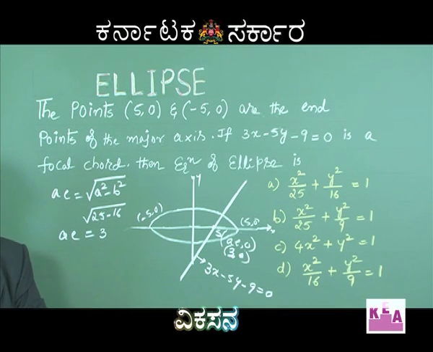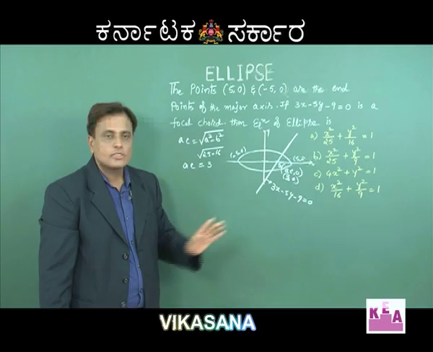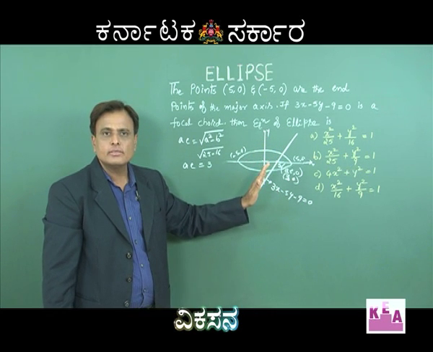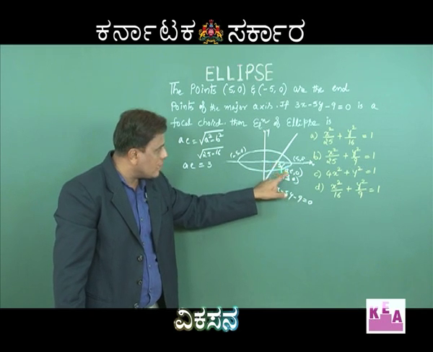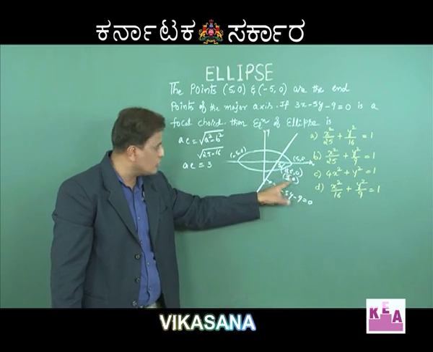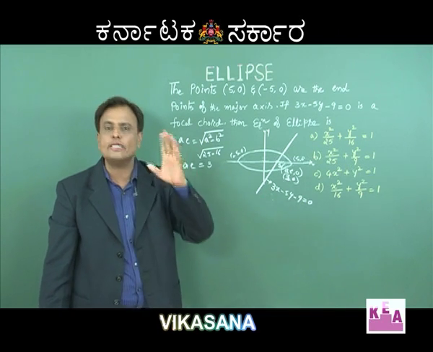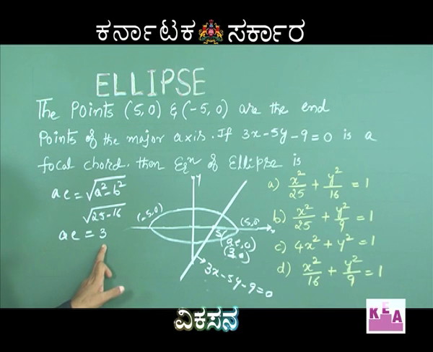Always remember one thing: the value of ae is equal to the square root of a² - b². So in each and every option we will calculate the square root of a² - b², which gives the ae value, and after that you get the coordinates of the focus and substitute in the line. If it satisfies, that option will be the right option. So from option A we got the ae value 3.